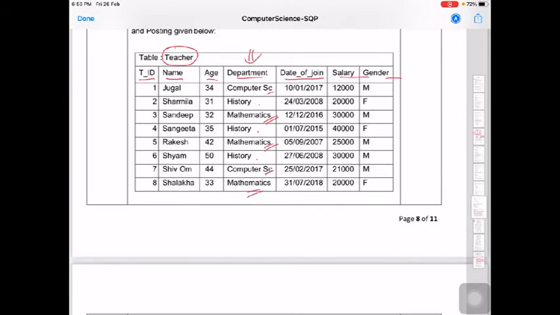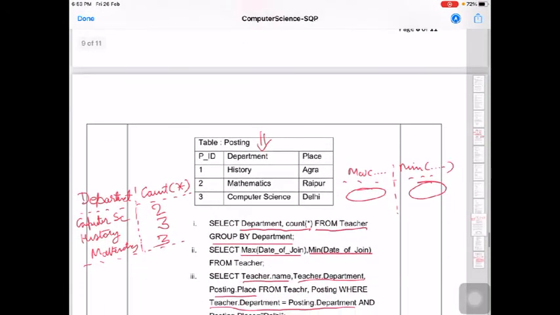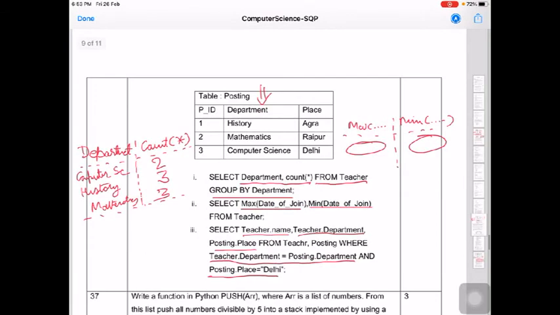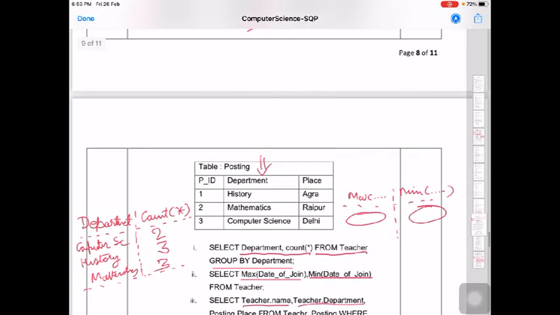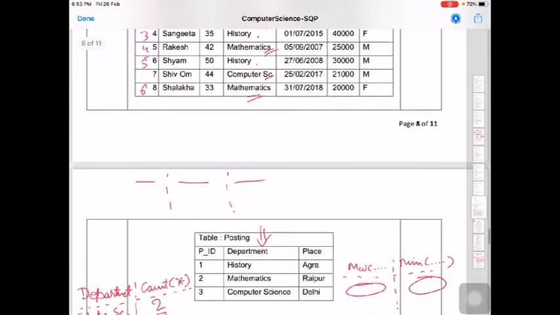So the remaining one is 1, 2, 3, 4, 5 and 6 rows will be in your answer. So the heading of your output will be teacher.name, teacher.department, posting.place. Okay, so you will be having 3 columns with dashed lines in between, and you will get the result from these 2 tables.